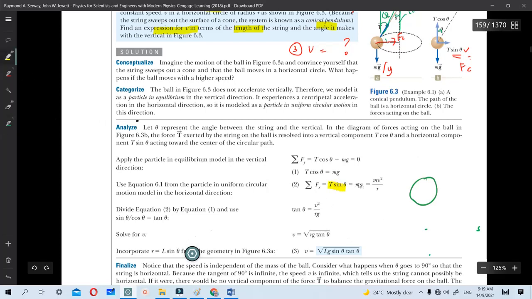T sin theta is the centripetal force, and the centripetal force is mv squared over r. Now that you've seen it in this version, your next task is to simplify. As you simplify, you will find that the expression turns out to be T sin theta equals mv squared over r.